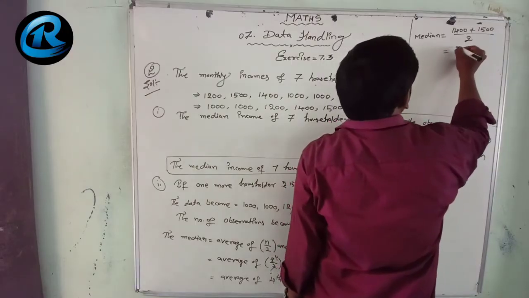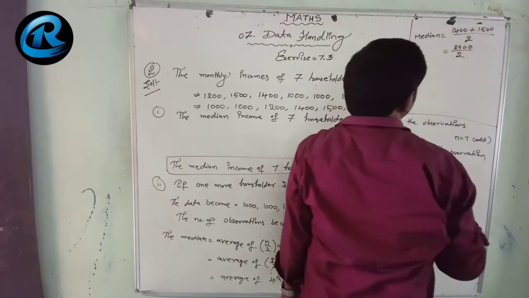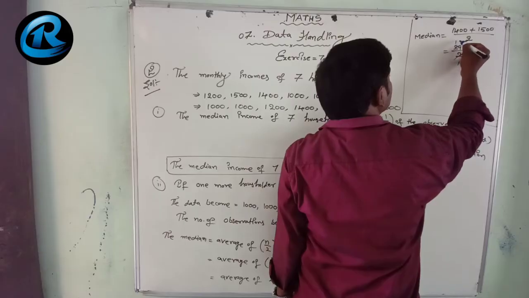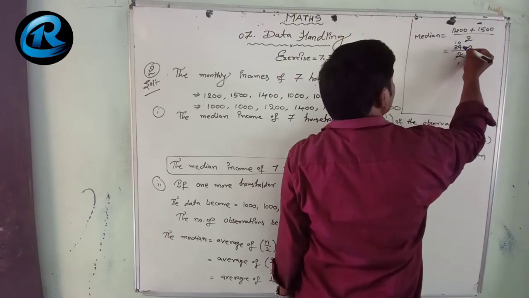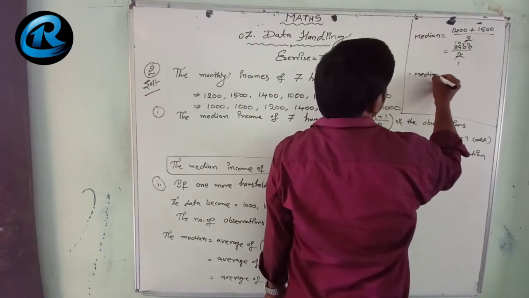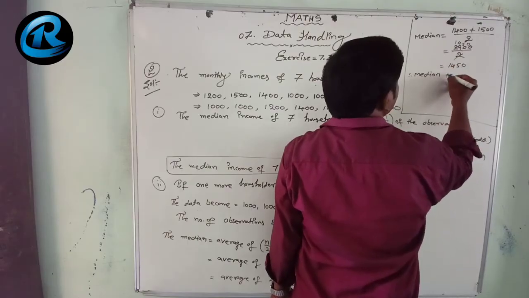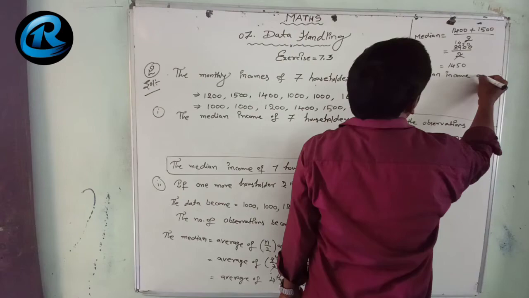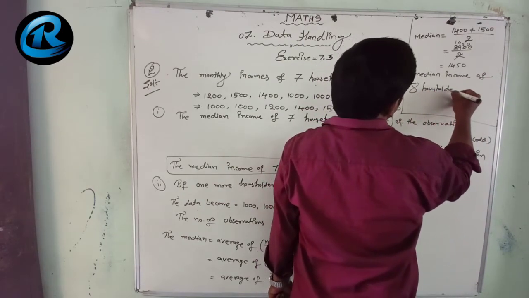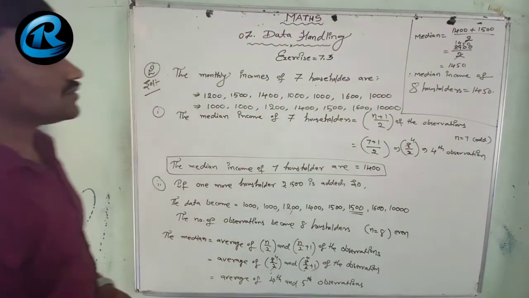So here that is 2900 by 2, 1400 plus 1500. So the median will be equal to 1450. The median income of 8 householders equal to 1450. So this is your answer.